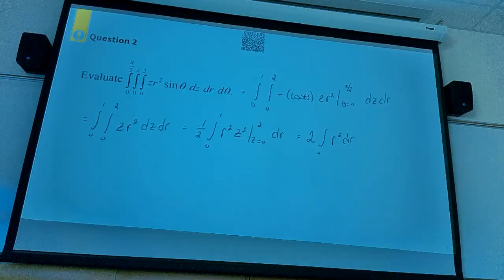We should just be left with 2 times the integral from 0 to 1 of r squared dr, right? R cubed over 3. Just get 2/3. Hopefully that one was nice and easy.